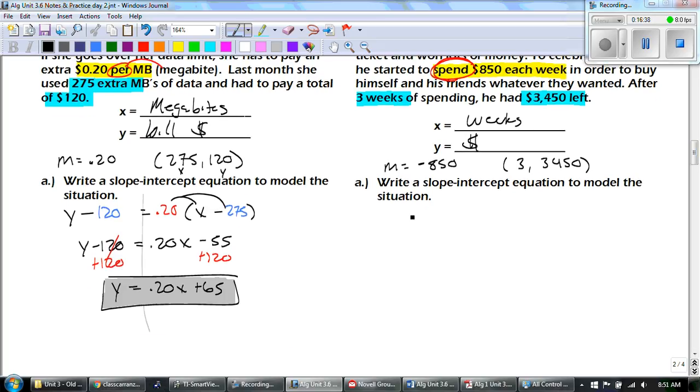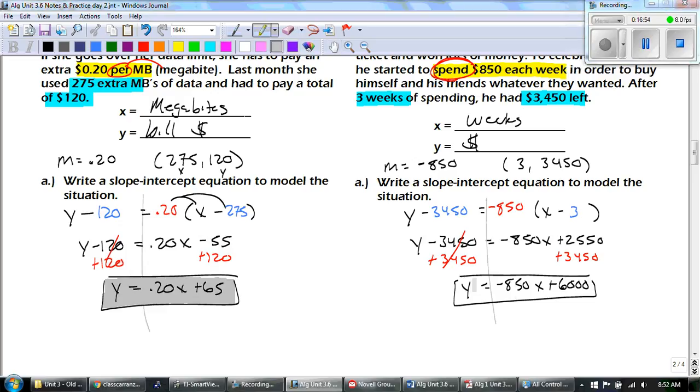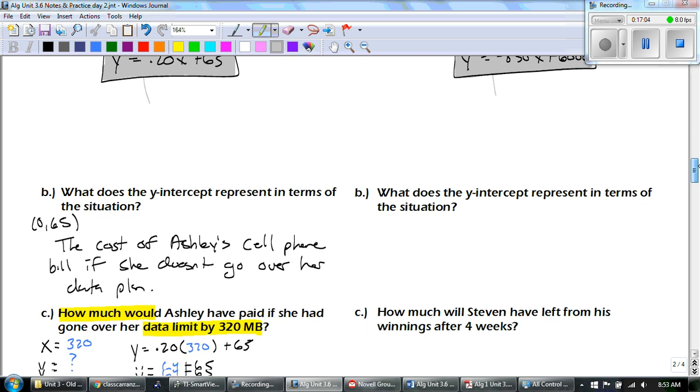Okay, so you guys are on your own for this one. Go ahead and pause the video and good luck. Okay, so your final equation in slope-intercept form should have been y equals negative 850x plus 6,000.